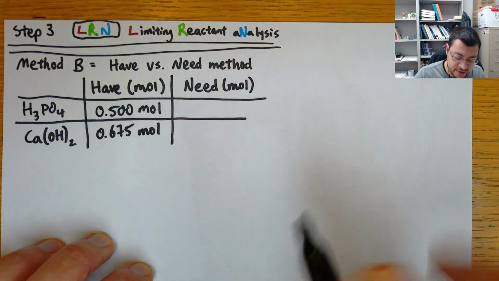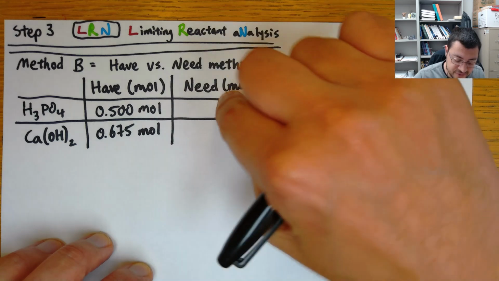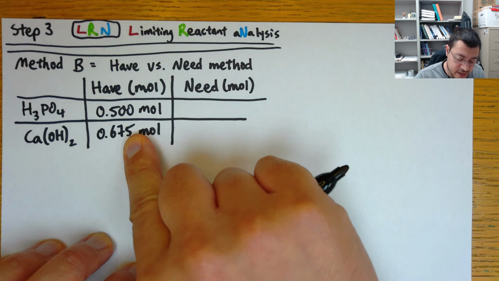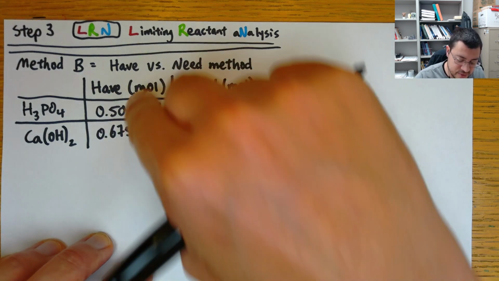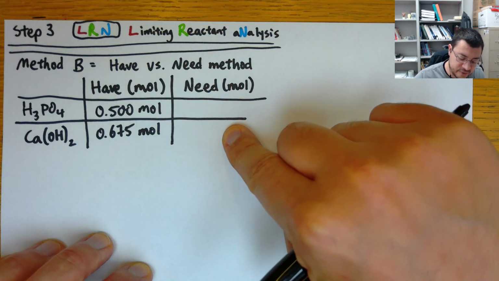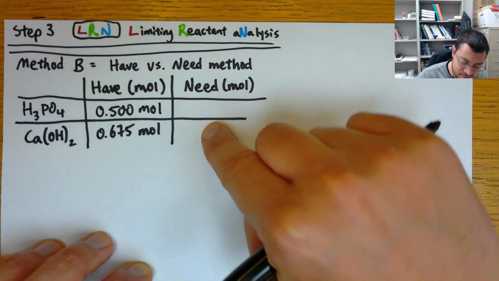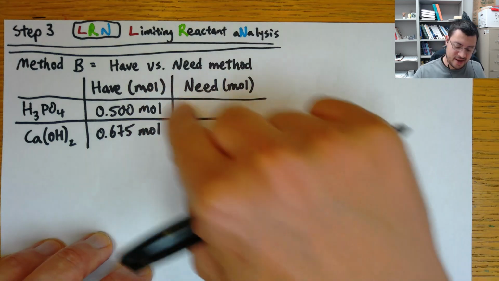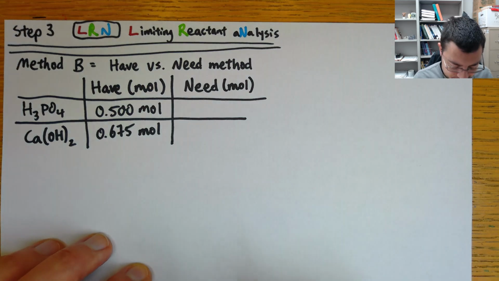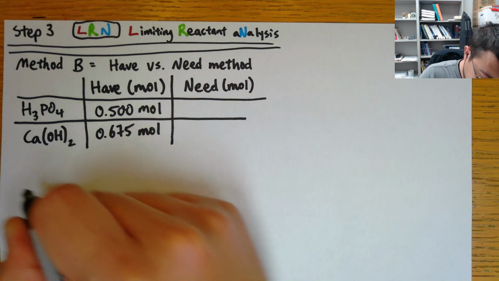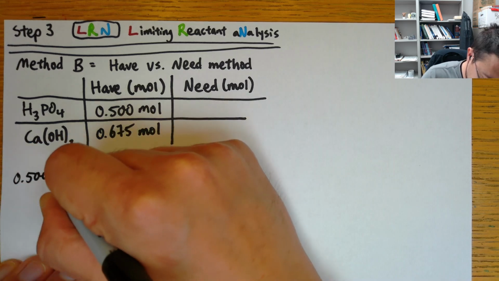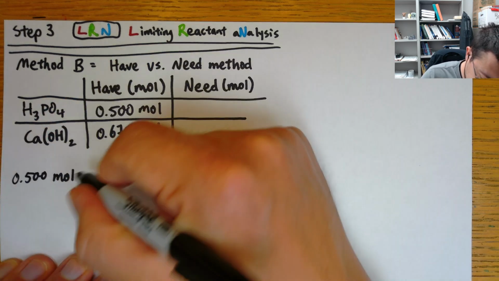We need to calculate how much we need. We're going to calculate how much phosphoric acid we need to fully react the calcium hydroxide we have, and then we'll do the other one, how much calcium hydroxide we need to fully react the phosphoric. Some people look at this table in a diagonal way, if that helps. Let's start with 0.500 moles of phosphoric acid.